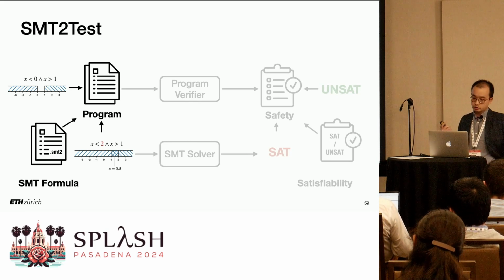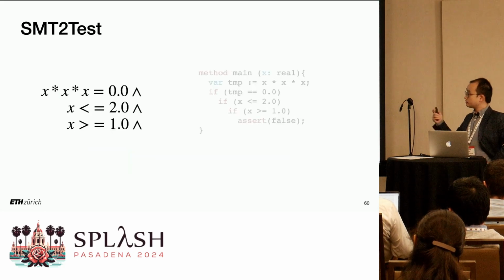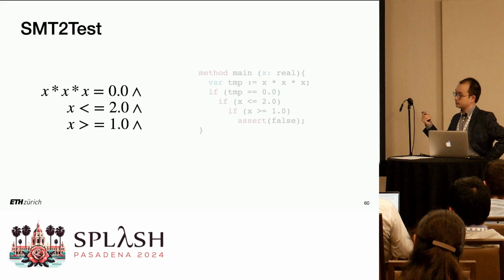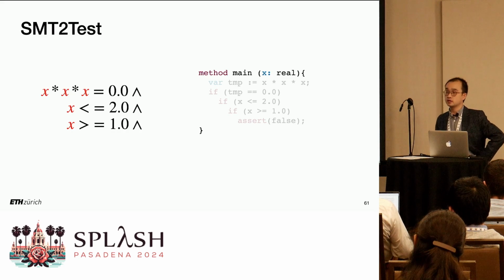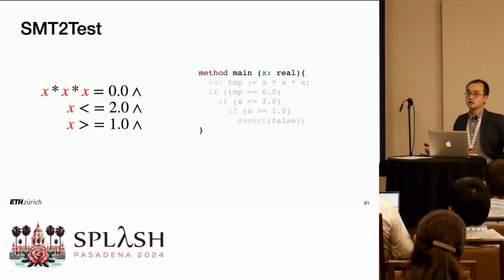First, how can we transform the SMT formulas into a program? For example, given this piece of SMT formulas, which is essentially a very simple formula, how can we transform this formula into our code? First, we identify how many free variables are in the formulas. For example, there is only x. So we build out the body of our function with the input value x. Only one input value corresponds to the free variable in the SMT formulas.